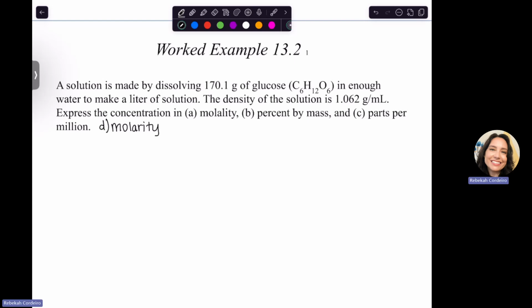I'll help you think about how you get the mass of just the water. You know, there's only two things, water and glucose. You know the mass of one thing and the percent of that, and you know that's the other. Okay, skip the molality, it's a little bit difficult. Try the percent first.